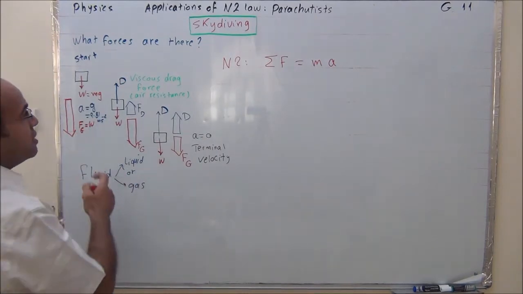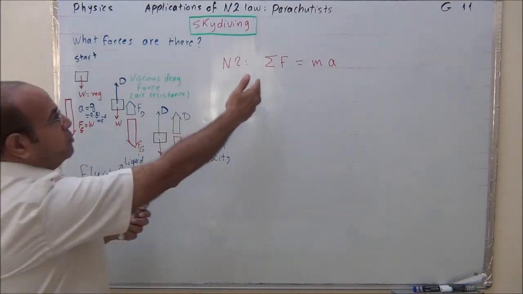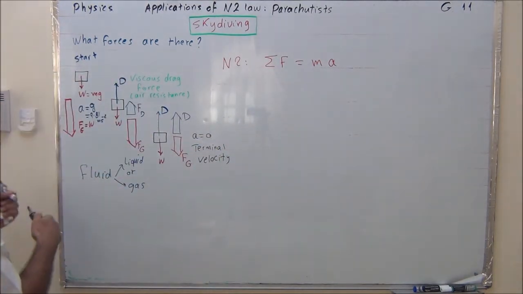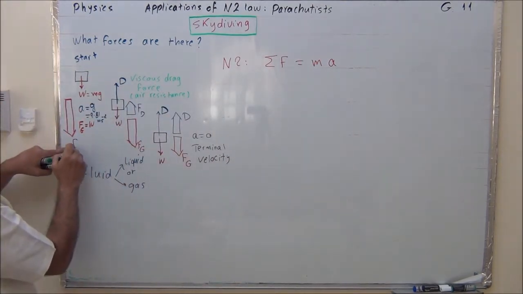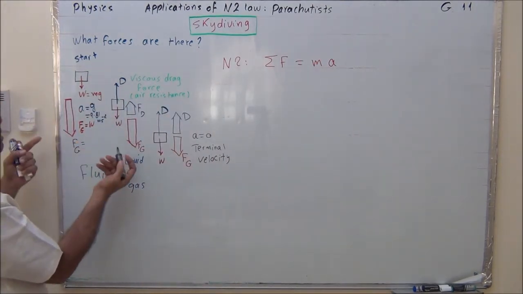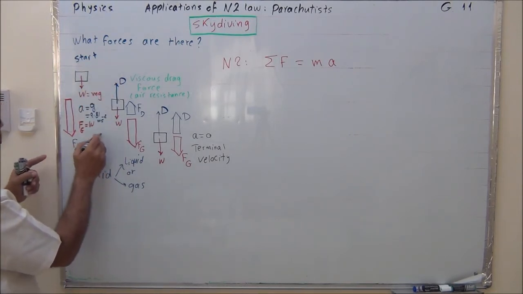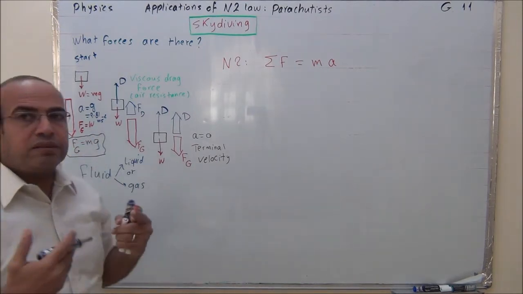In the first case, just the weight. So when we apply Newton's second law in the first case, F equals ma. F is the gravitational force, equals m, the mass, times a, which is g. So this is Newton's second law at the start.